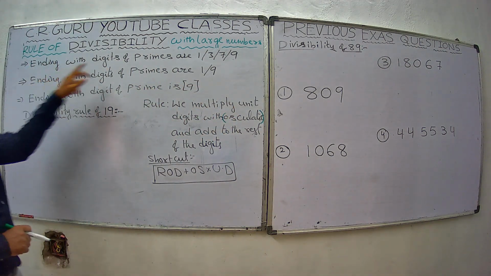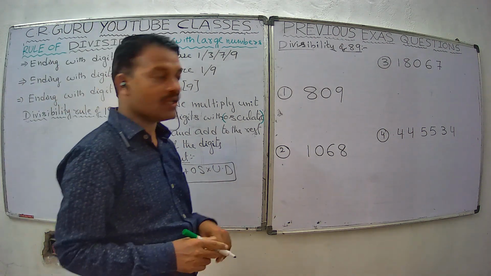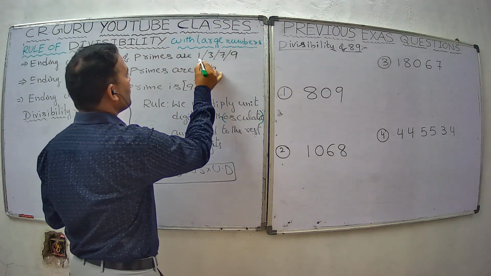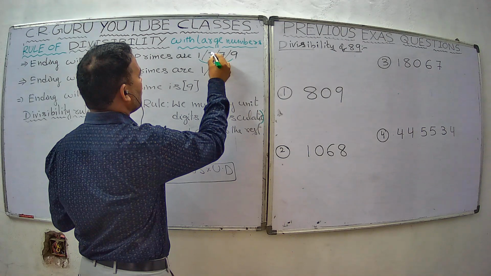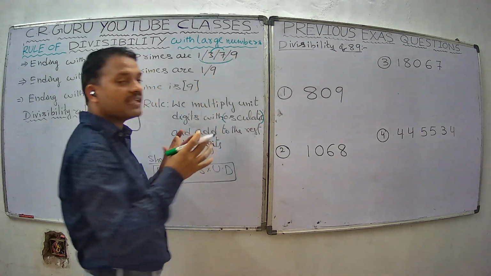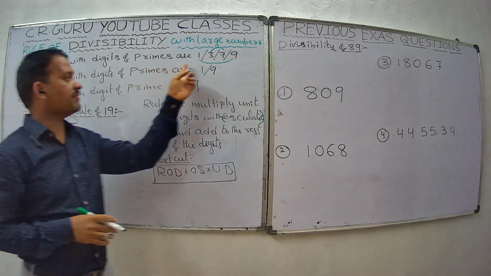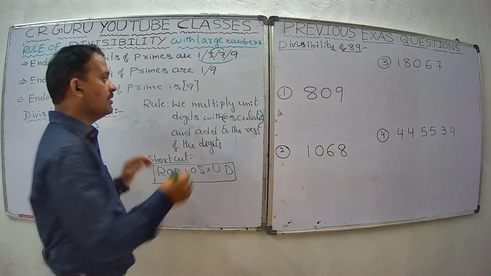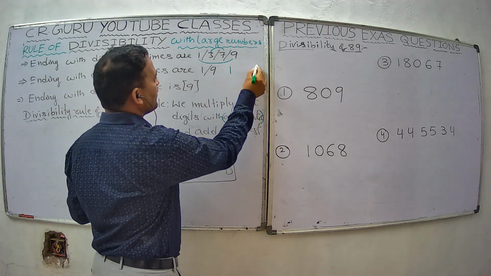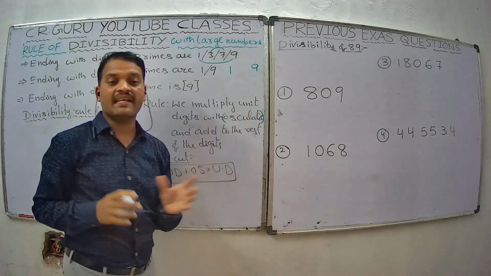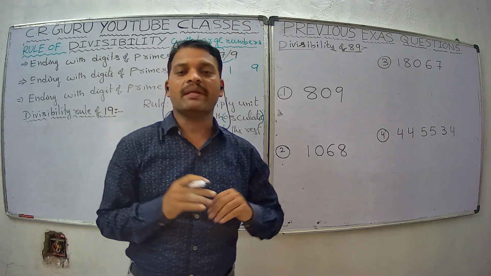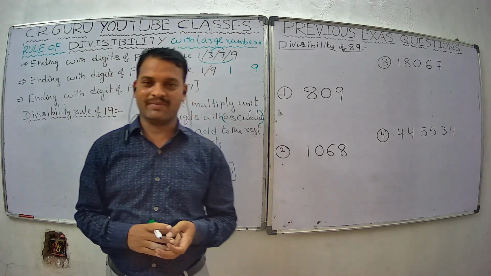Based on that, 1 and 9, and 3 and 7, are different categories. 1 and 9 are called complements. What is meant by a complement?